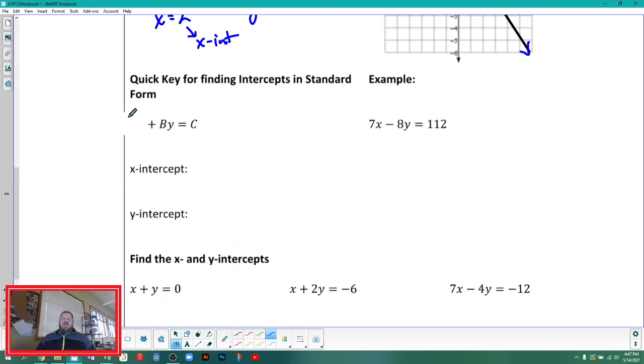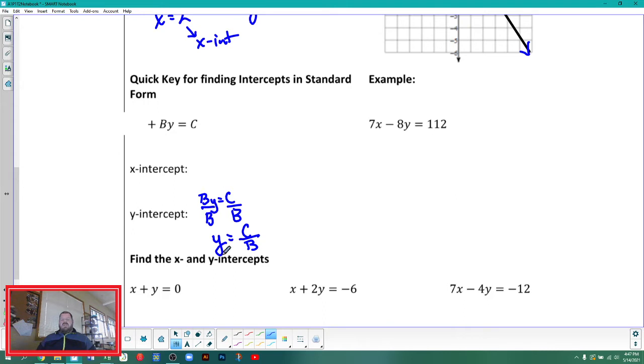that when I cover up x, I get by equals c, right? And so every time I cover up x, I get by equals c, no matter what it is, okay? No matter what b and c are. And then every time I divide both sides by b. And so I get every time that y is equal to whatever c divided by b is.